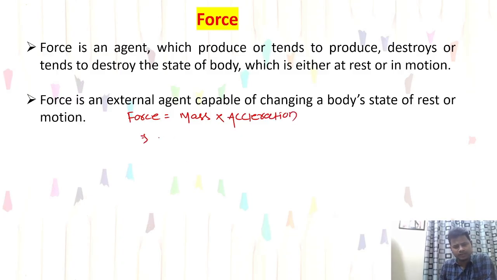That means we can write F equal to m into a. Then what is the unit of mass? The unit of mass is kg. What is the unit of acceleration? The unit of acceleration is meter per second square. That means the unit of force is kg into meter per second square.